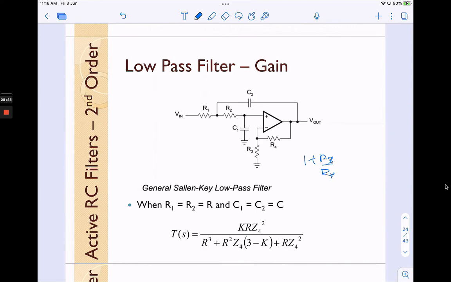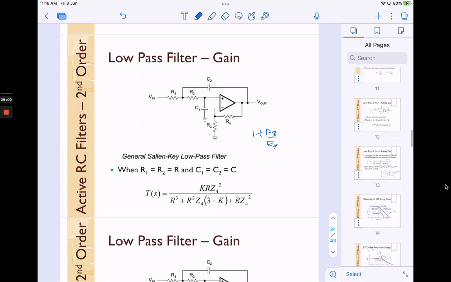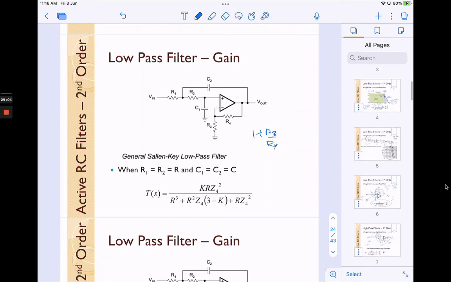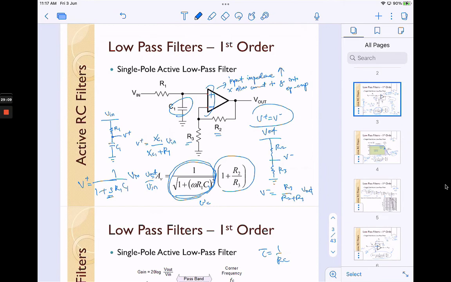Okay, it looks just something like this normal filter for the R2 over R3.